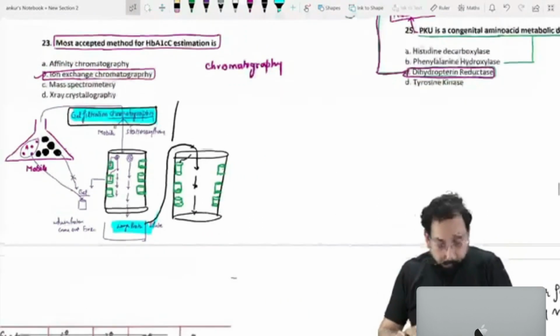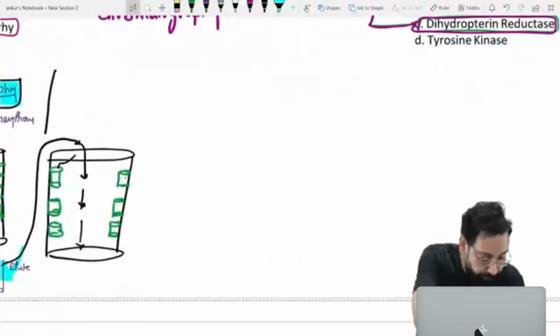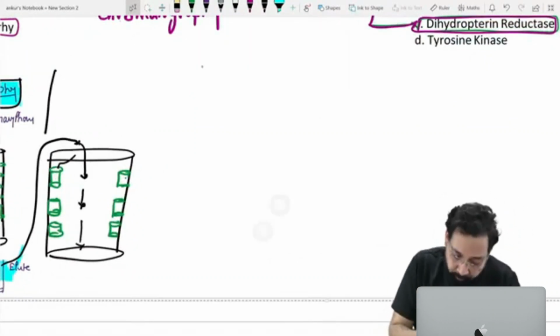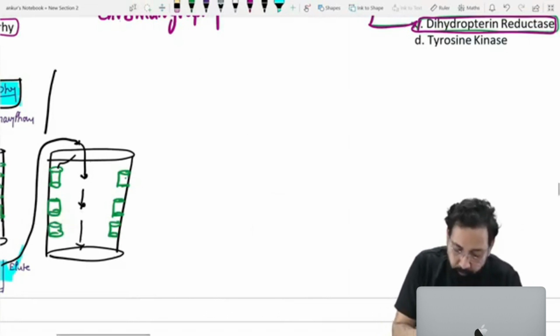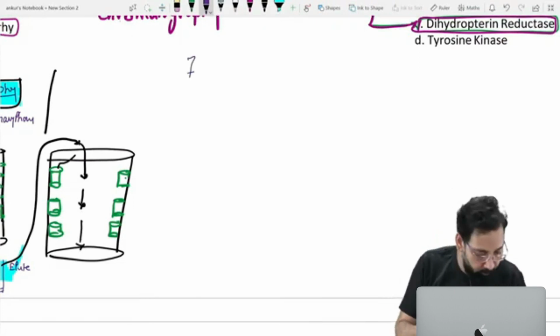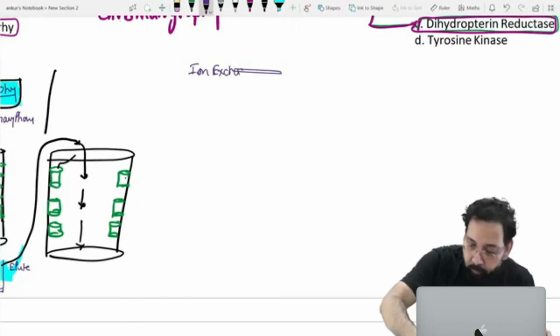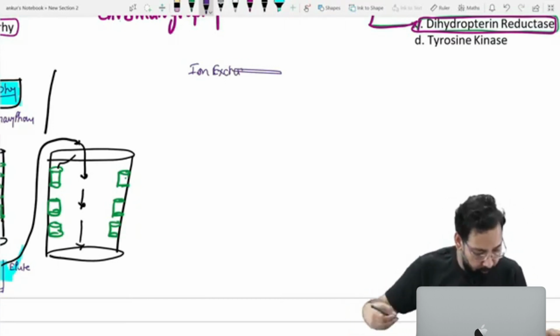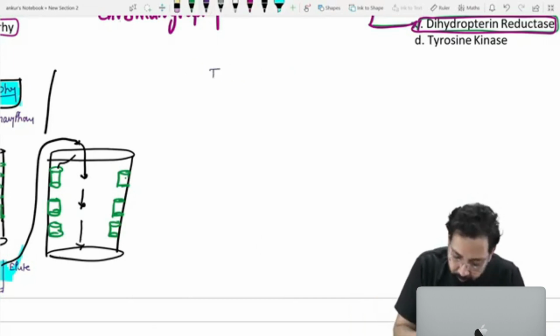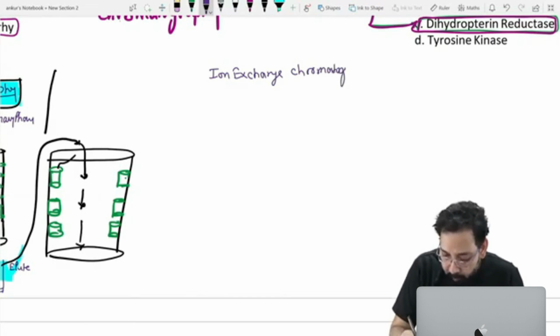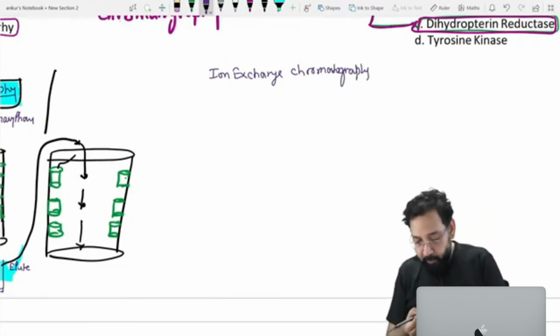Now ion exchange chromatography. What is ion exchange chromatography?